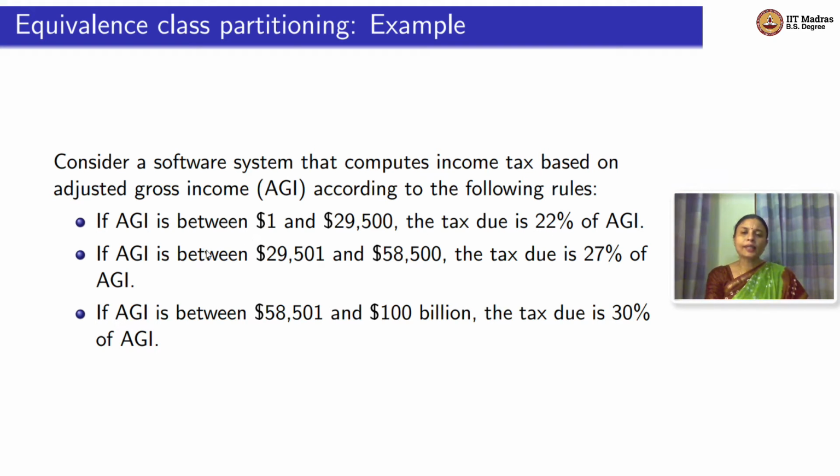If the AGI is between 29,501 and let's say 58,500, tax to be paid is 27% of the AGI. If it is between 58,501, just above 58,500, and let's say some large number, 100 billion, tax to be paid is 30% of AGI.